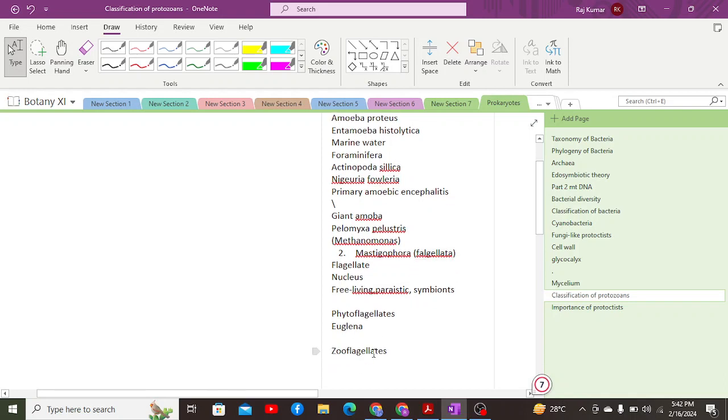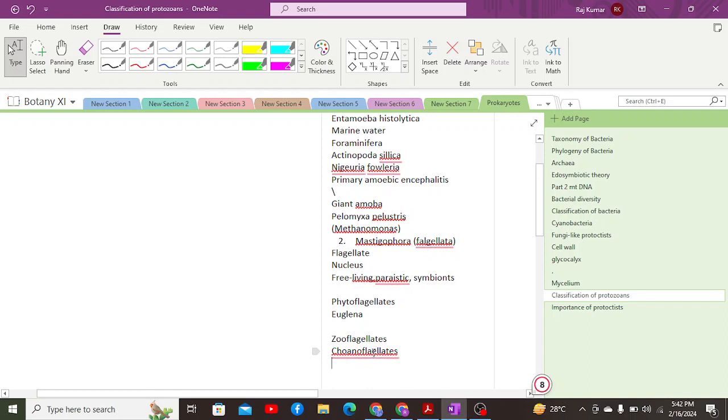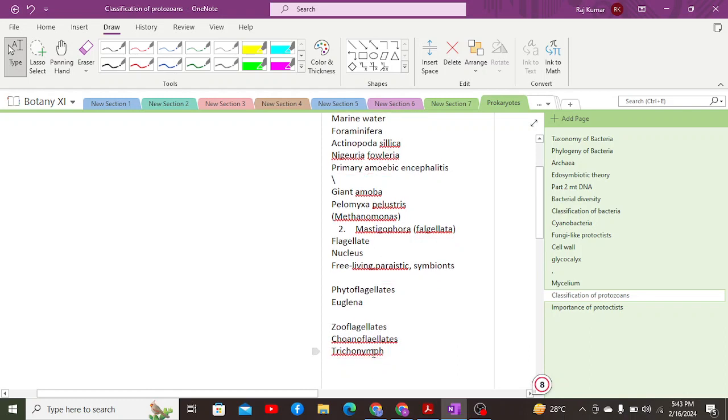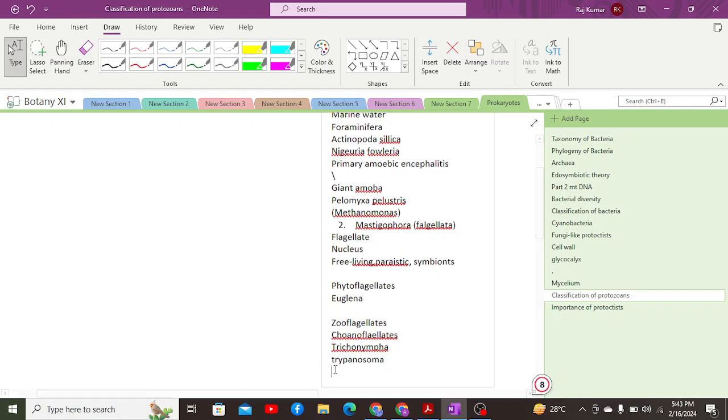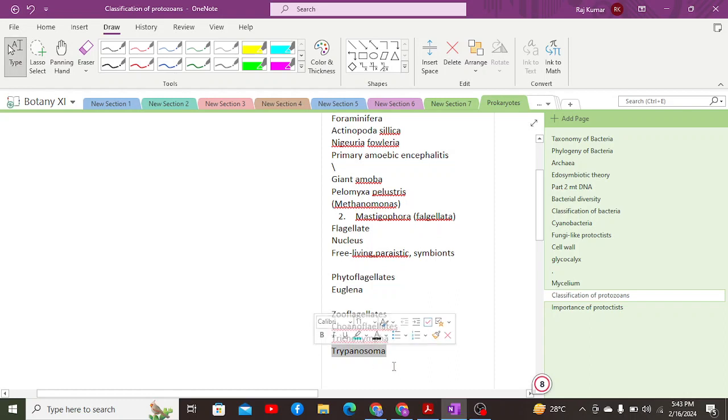And examples of these zooflagellates include the conoflagellates, Trachonympha, and number three, Trypanosoma, which causes African sleeping sickness, spread by the vector tsetse fly.